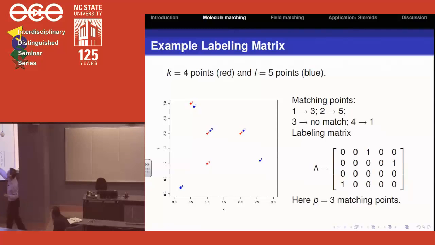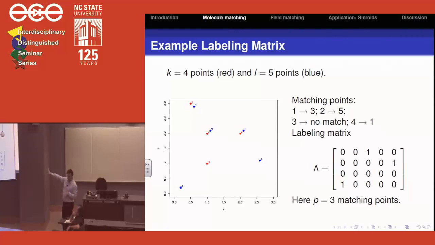So there's no 1 in here. It's just a load of zeros. And point 4 in the red seems to match up quite well with point 1. So that would be an example of a fairly sensible labeling matrix. And then there would be 3 matching points in the 2 configurations. And then once I have that lambda here, I can then compare the shapes of those matching configurations.